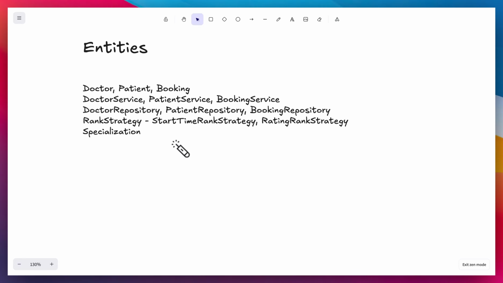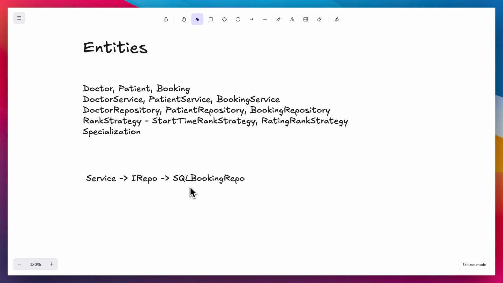And one more thing that I want to highlight is, in order to achieve dependency inversion, what we generally do is we have the service class and we have the repository interface. Okay. And this repository interface will be implemented by different repository classes, like let's say SQL booking repo.